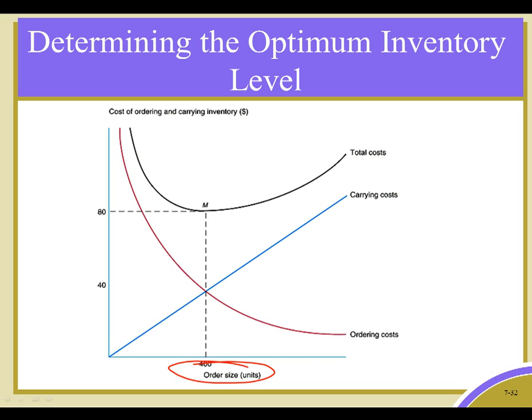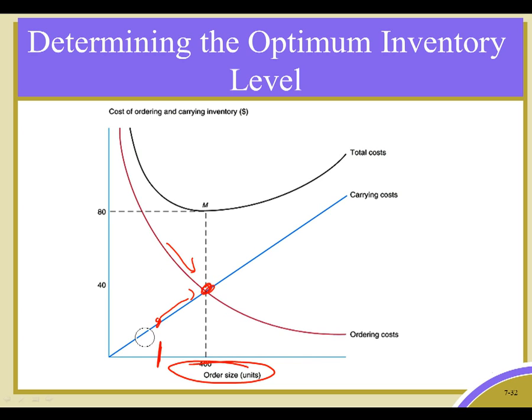And so how might that be balanced? Well, if we have smaller ordering sizes back here and more of them, our carrying costs will be low, but our ordering costs are very high. When we order in larger blocks, our carrying costs are going up, but our ordering costs are going down. There is a magic point at which those two costs perfectly balance, and at that point we're going to minimize our total costs.